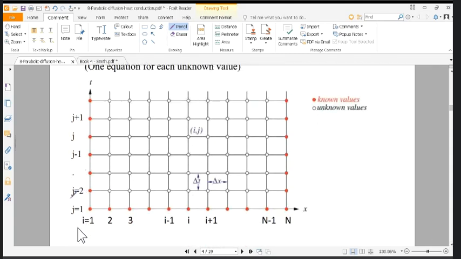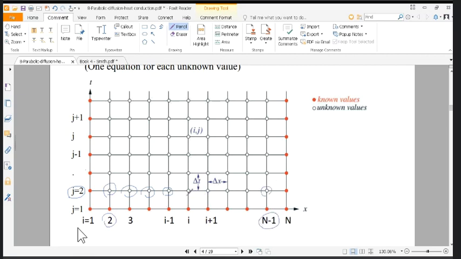Suppose we are computing the value of u for j equal to 2. For all interior points at this time level, I write the implicit formula, from i equal 2 to i equal n minus 1.